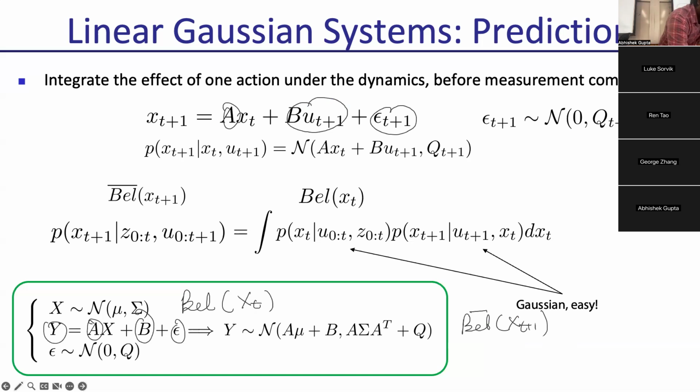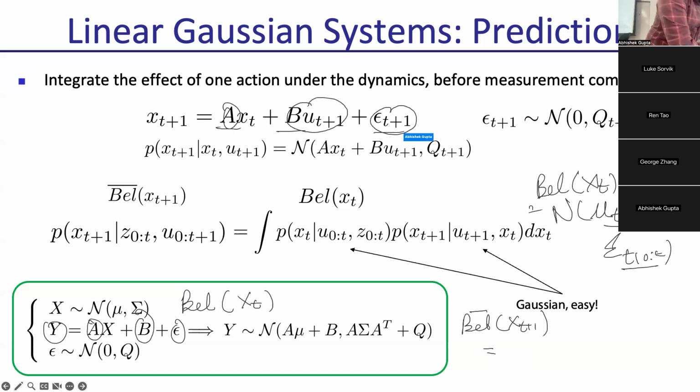And we're going to say that the belief at time step xt was a Gaussian with mean mu t 0 to t and variance sigma t 0 to t. So now, given this identity, what is belief bar in terms of mu, sigma, A, B, and Q, sorry? We're just substituting the pattern matching that we did to give us belief bar. Walk me through it.